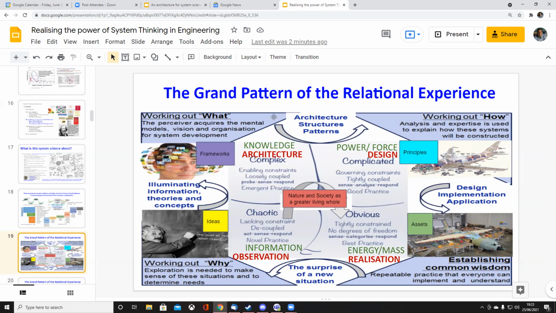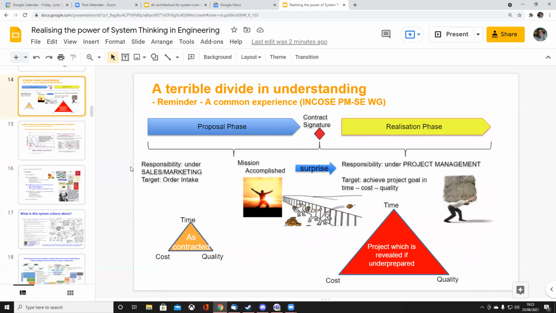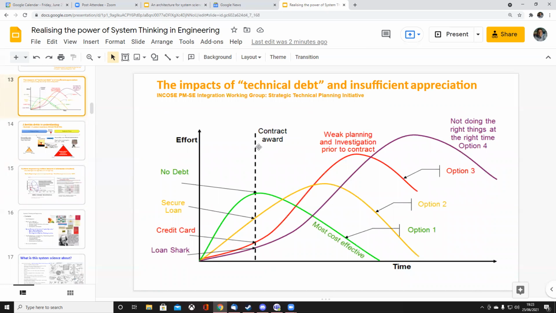So systems of systems, really complex systems engineering. It's all over this space. It's the forming of ideas, the building of our architectural frameworks for these complex projects, which we can then put into place. But part of the problem is that no one wants to fund this part.